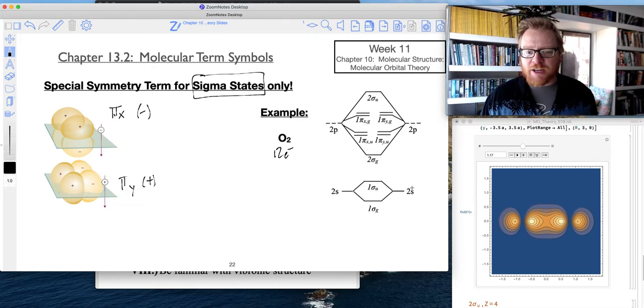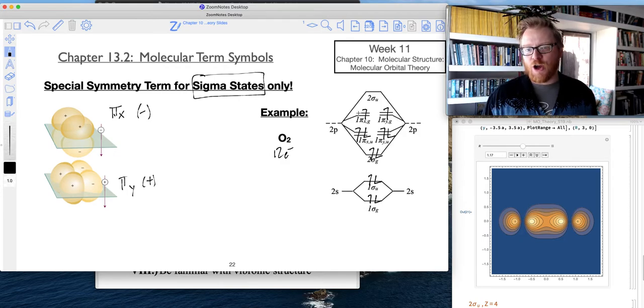We know that we've got 2 from each 2s oxygen, so that's going to go 1, 2, 3, 4. We filled up that shell. Now I've got 8 left to distribute. So we'll go 1, 2, and then 3, 4, 5, 6, 7, 8.